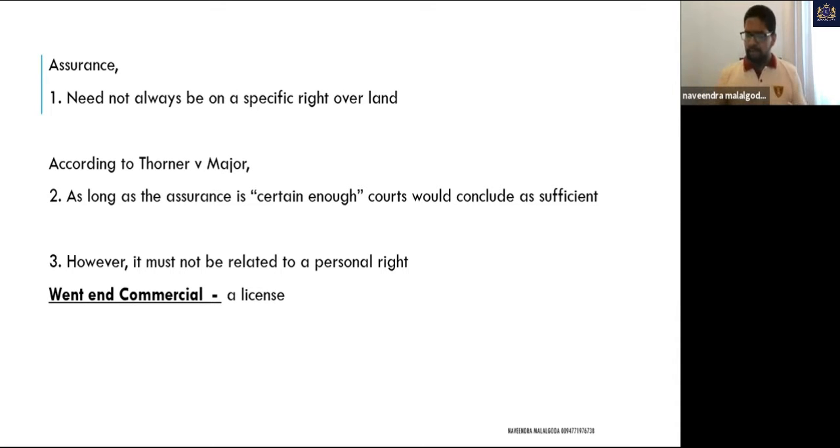But later on, as law emerged, changed, adapted, the case of Thorner versus Major brought out the notion that in order for a certain statement to qualify as an assurance, it need not be very specific. As long as it's certain enough, that would suffice to qualify as an assurance. However, as long as it is related to a proprietary right, a mere personal statement, a mere personal right would not qualify as being a valid assurance.